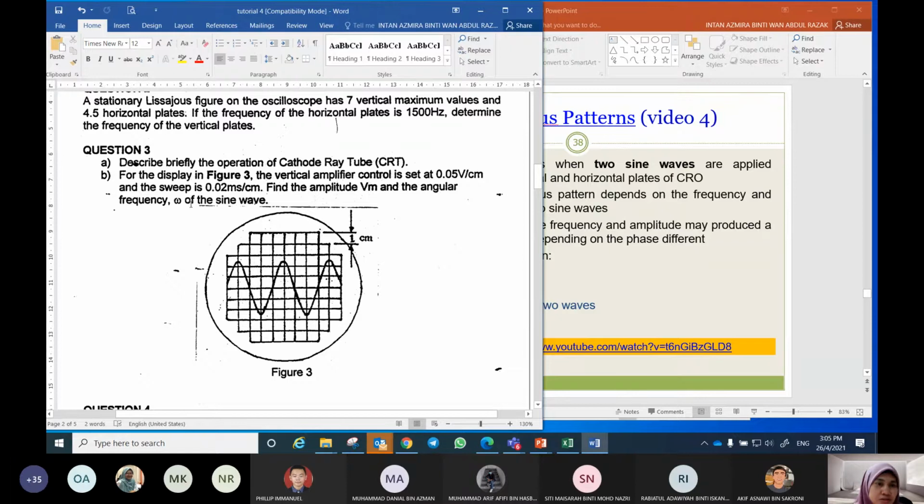Let me change the question. So this frequency is not angular frequency omega, but find the frequency of the sine wave, only the frequency.